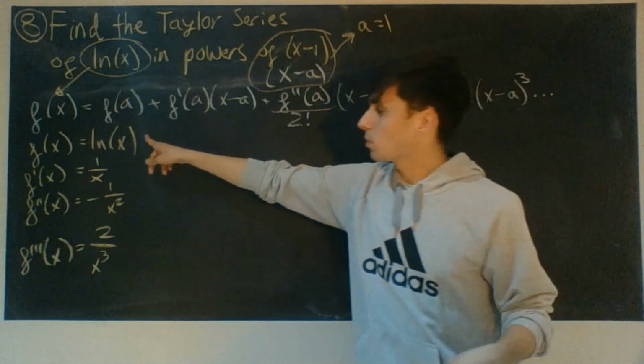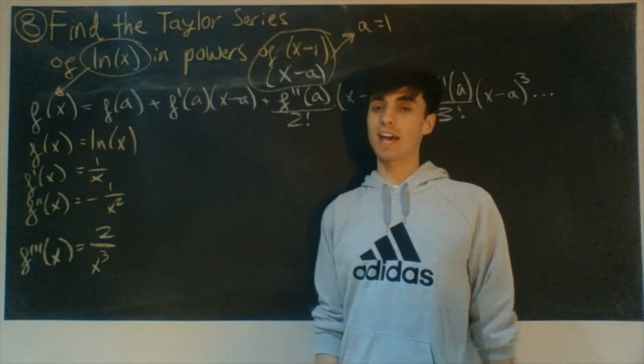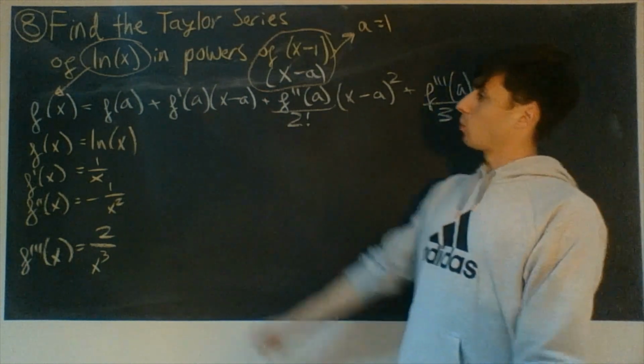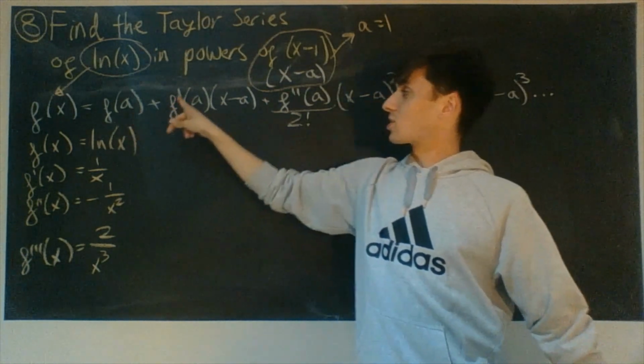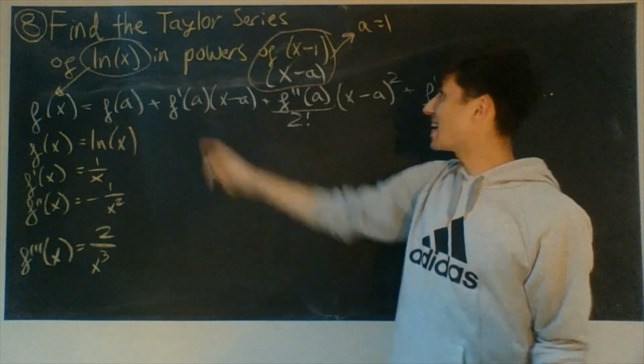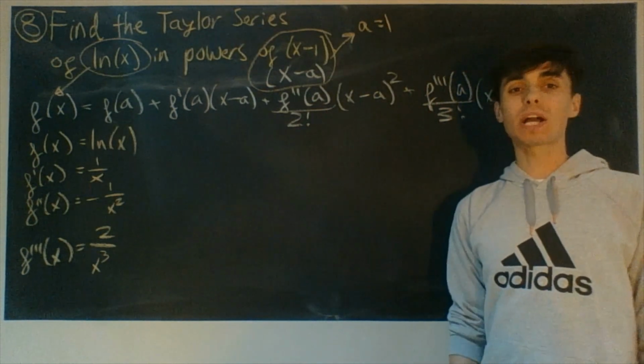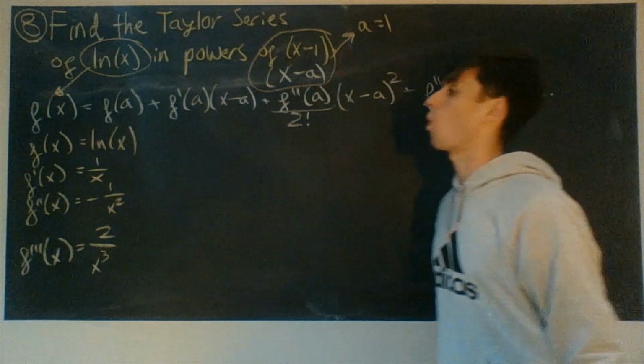Great. At the moment we've got these derivatives of f of x. We would like to be a bit more specific though. We would like f and its derivatives at the point a, which we know here as 1. So next we have to work out those derivatives and plug in 1.